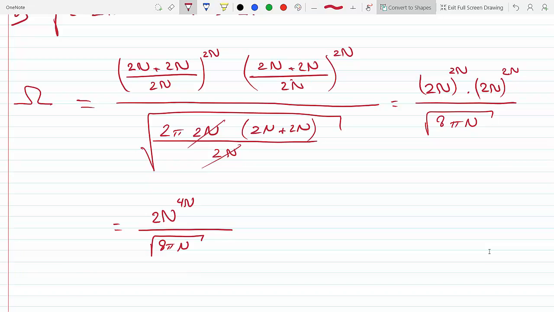Oh, the n cancelled, didn't it? There's no n here. I apologize. The n's cancelled. Okay, so sorry about that. So we get 2 to the 4n, because here we cross these out. So indeed 2 to the 4n divided by 8 pi n.